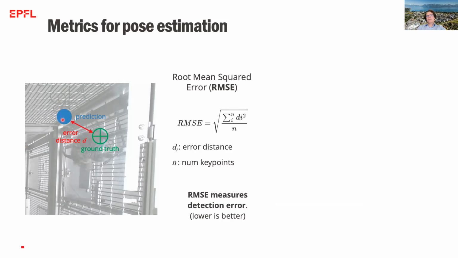But as you can imagine, if you have multiple individuals, then the prediction needs to be linked to the correct ground truth in order to measure an RMSE. And RMSE is therefore not fully meaningful in a scenario with multiple individuals.